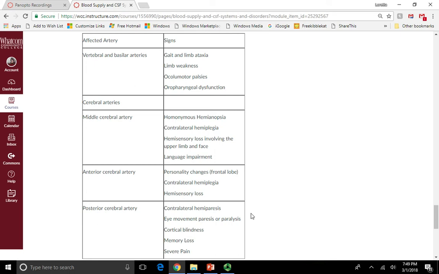Anterior cerebral artery personality changes affect the frontal lobe. That's our personality area. And the posterior cerebral artery can affect the occipital lobe, and that's our vision area. So those hallmark symptoms, I want you to be able to identify which artery is affected based on those hallmark symptoms. And then with the vertebral and basilar arteries, it's those cerebellar and brainstem symptoms.